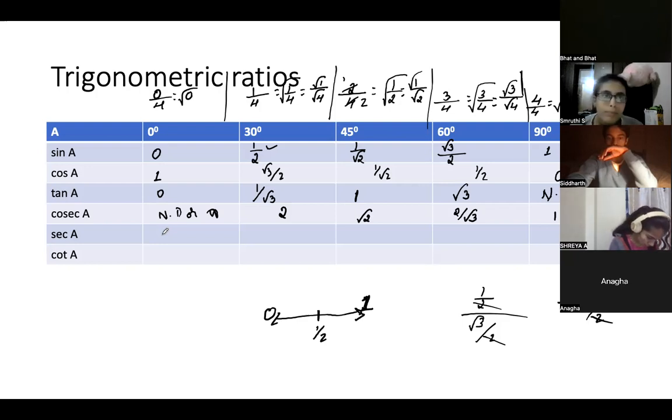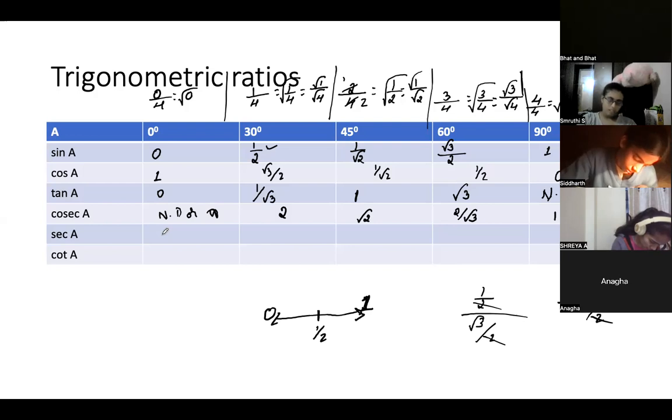Whenever you are solving the trigonometric problems, you can look into the column and simplify. Got it? Understood the method how to remember? Everyone? Yes, ma'am. Shreya, Siddharth, Anaga? Okay. Now secant and cot, you only have to write it.